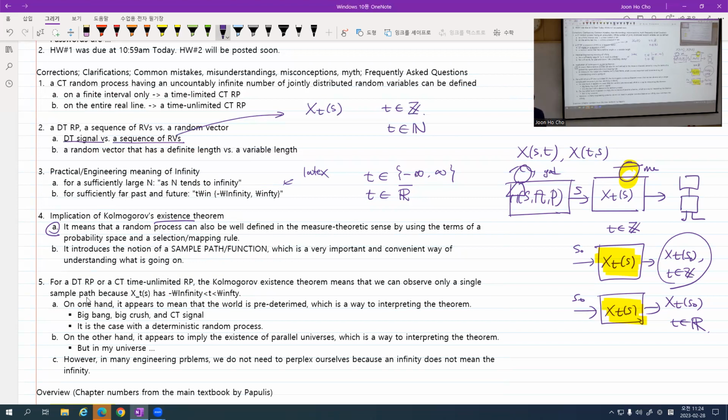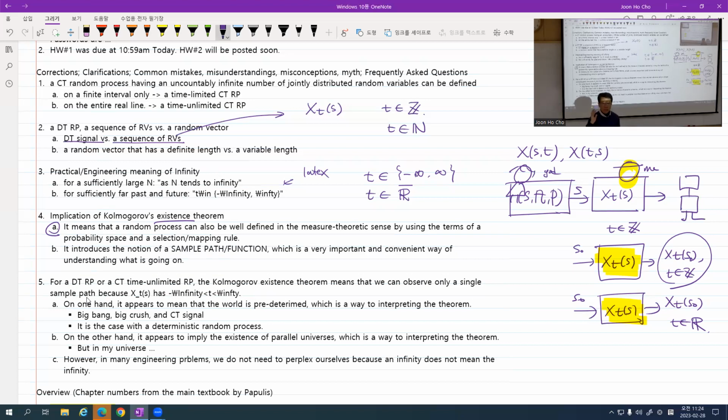Be careful. This may sound as if I am saying the world is deterministic. Some god has selected S0 and some angel has chosen a function that ranges from negative infinity to positive infinity already. You may interpret that if you wish.